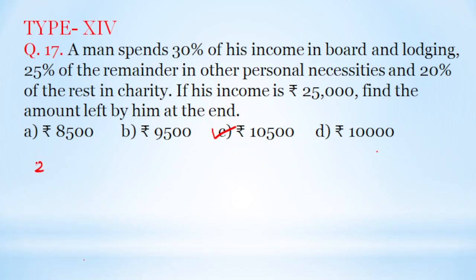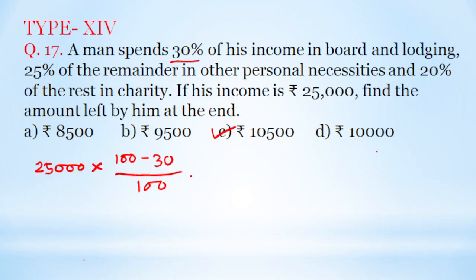So I have to write 25,000 into 30% is deducted. That means 100 minus 30 divided by 100. First, this 30% is deducted for board and lodging.